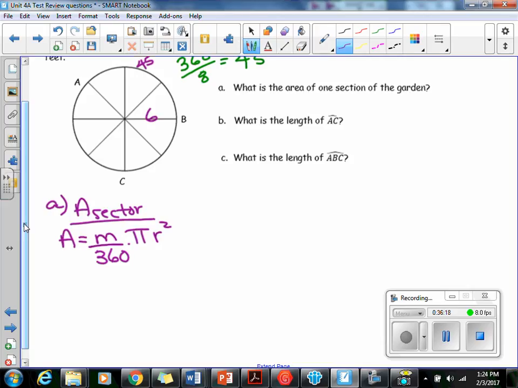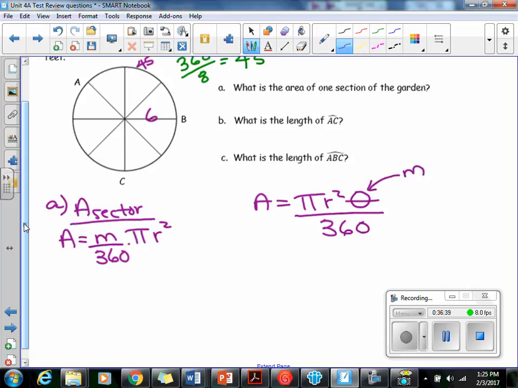Now, just for the record, on your formula sheet that you get to use, they give you that formula like this. They have the pi r squared theta divided by 360. That is the exact same thing as this. This theta means the measure of your angle.